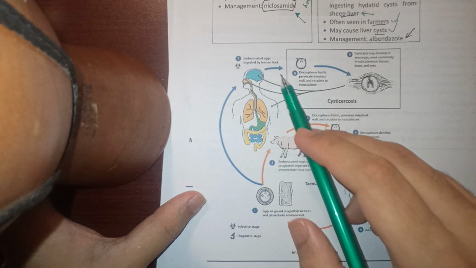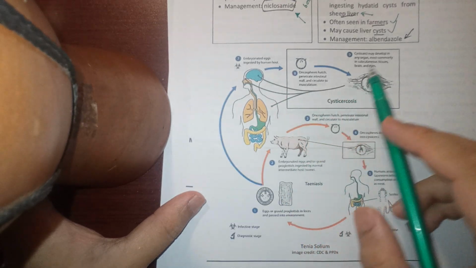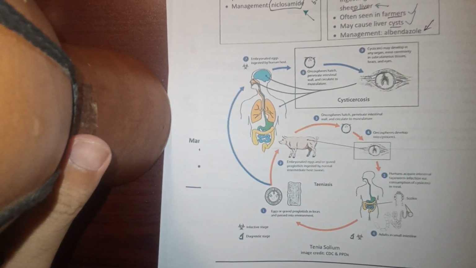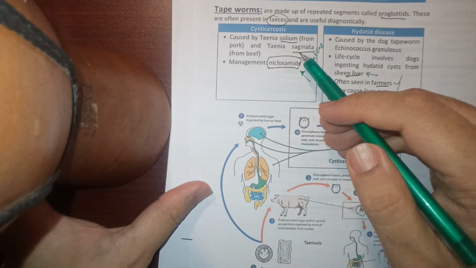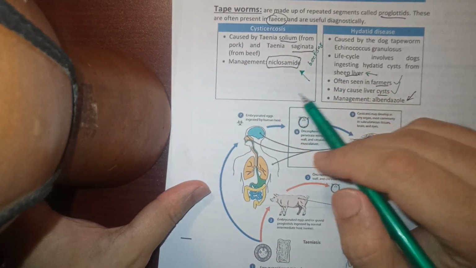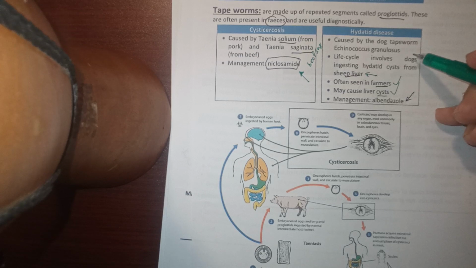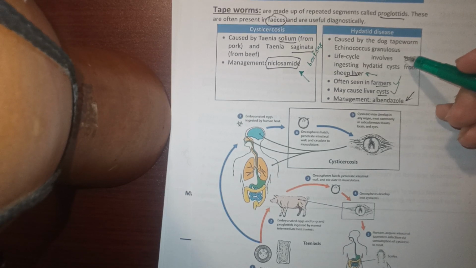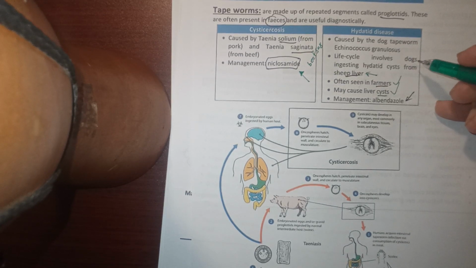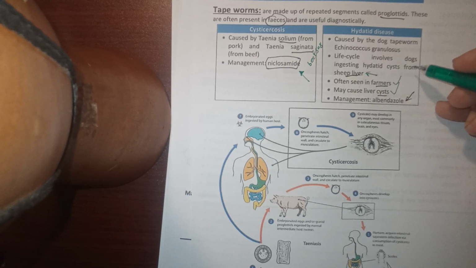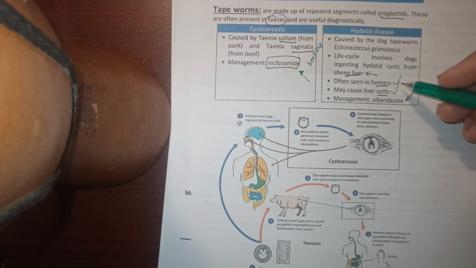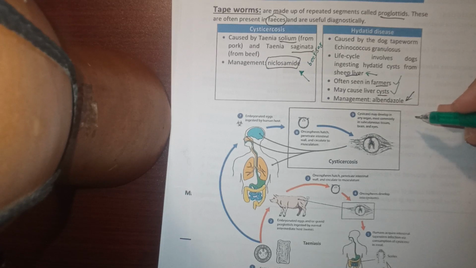Embryonic egg ingested by human host, oncosphere hatch. All this happens. So Taenia solium from pork, Taenia saginata from beef, niclosamide is the treatment. Disease caused by dog tapeworm Echinococcus granulosus involves dog ingesting hydatid cyst from sheep liver, seen in farmers. May cause liver cyst, albendazole as treatment.